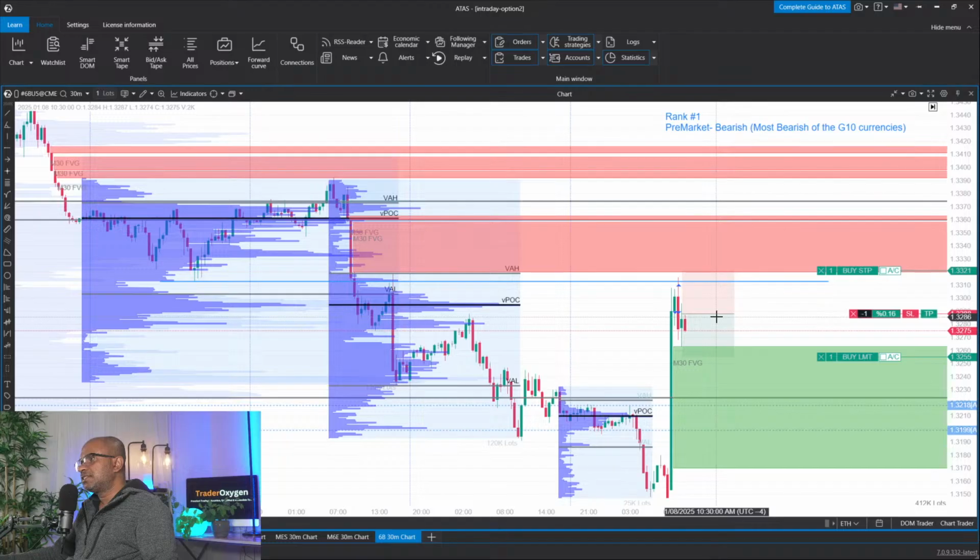But since we were targeting at least a 1-to-1, because this is a small account challenge for you guys to learn how to manage a small account, that's why we are showing it like this.